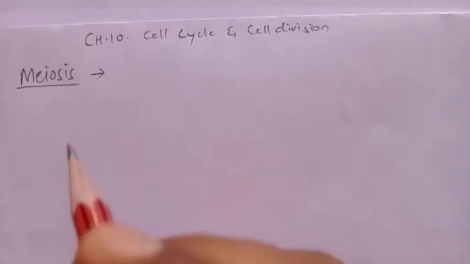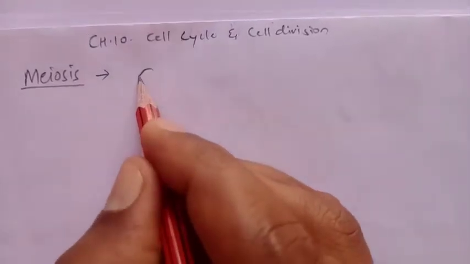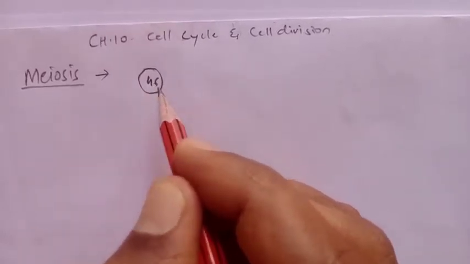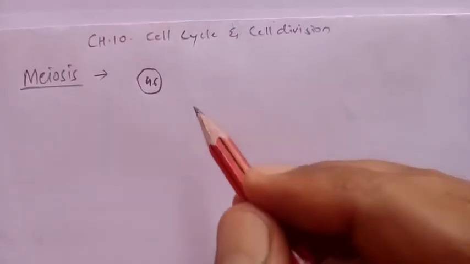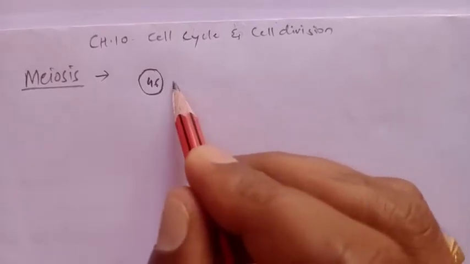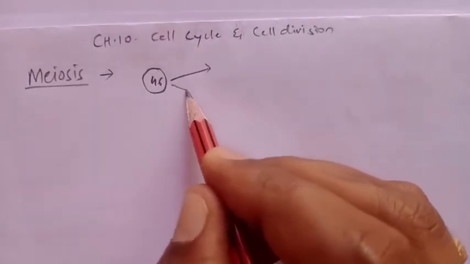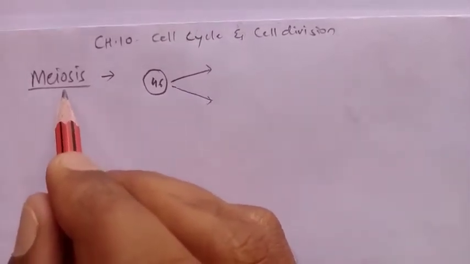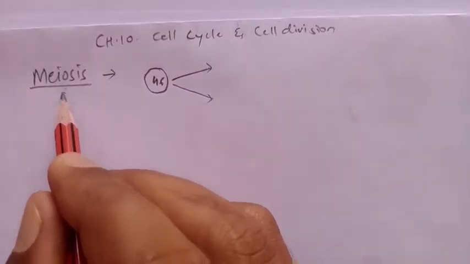So when you consider the parent cell, if it contains 46 chromosomes, the resulting cells are what we call daughter cells. As a result of meiosis, from one cell, 4 haploid cells are formed.